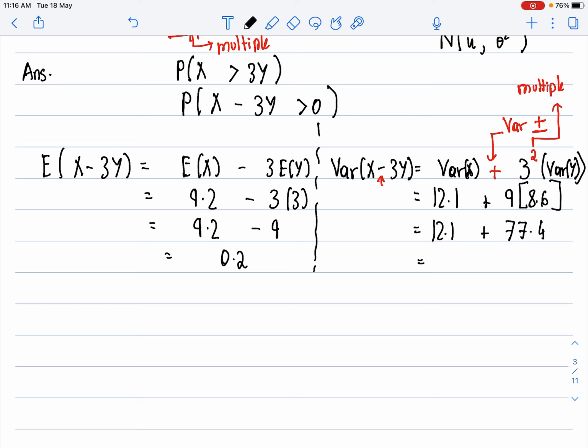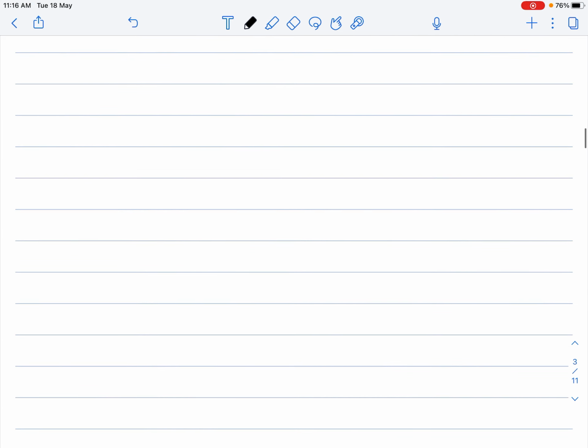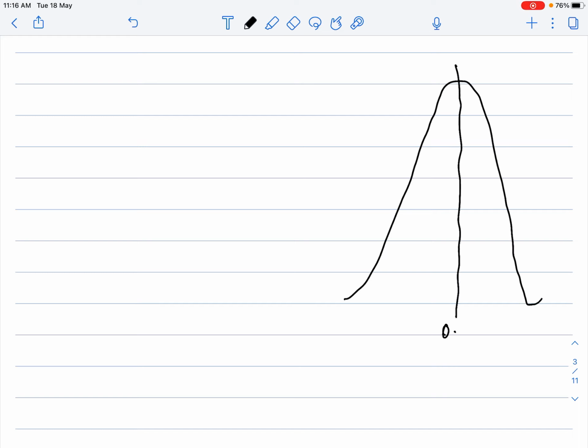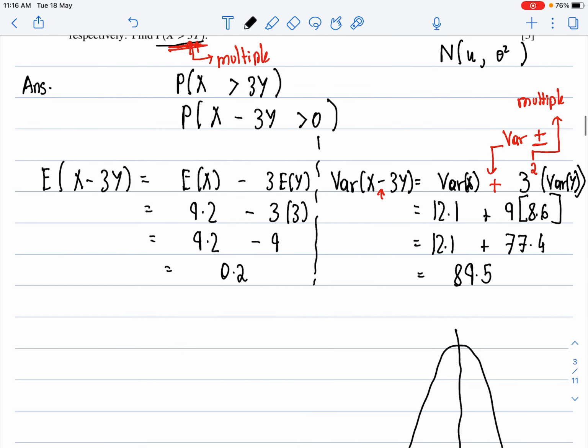Okay, so 12.1 plus 77.4. So my variance is 89.5. Got it? So now I can make the normal distribution curve. I have my mean of 0.2. Correct? Is what I got.